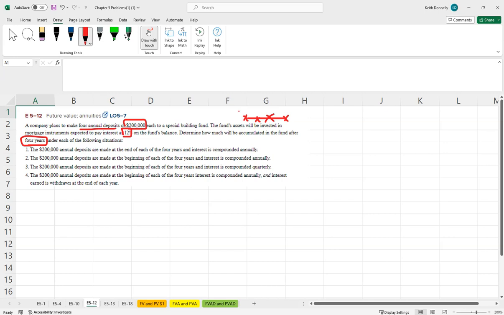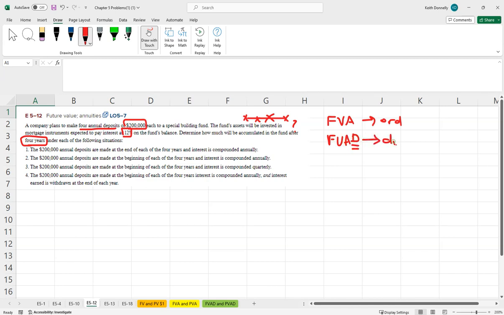What is that whole shooting match worth at the end of that time? In exercise 5.12, we're looking at an annuity, and specifically, the future value of an annuity, also known as an ordinary annuity, to be distinguished from the future value of an annuity due.